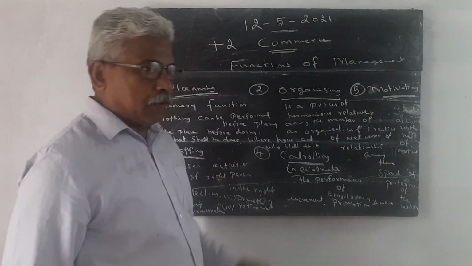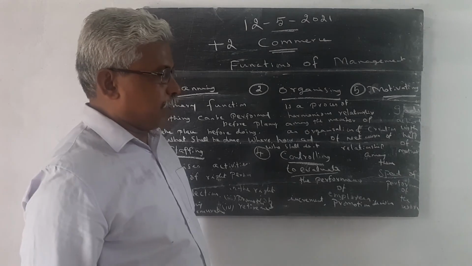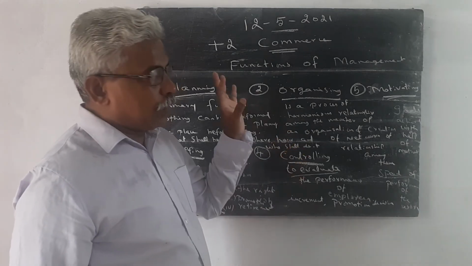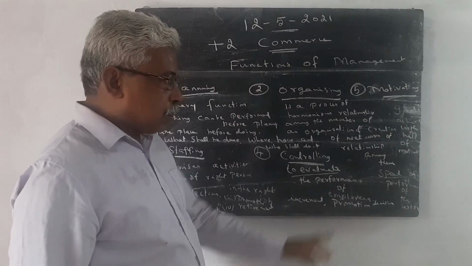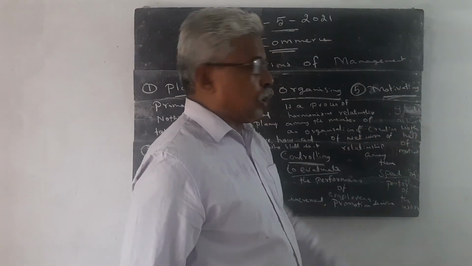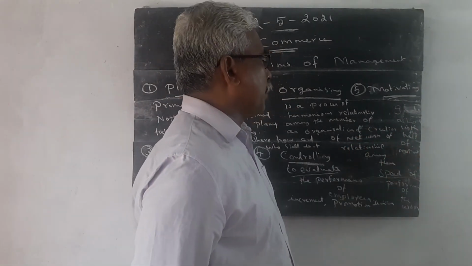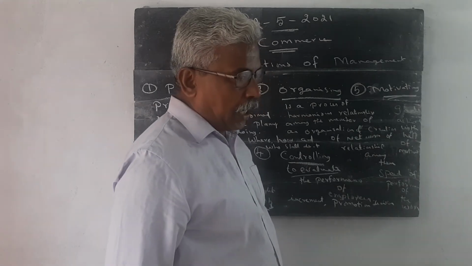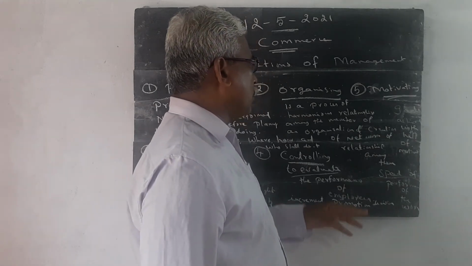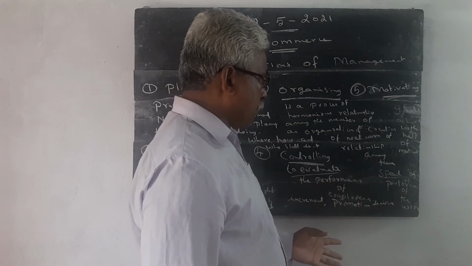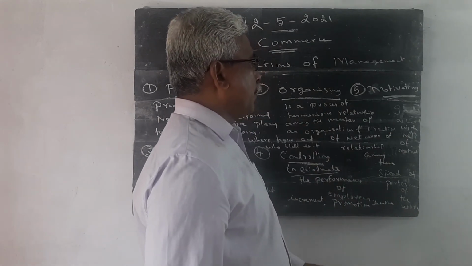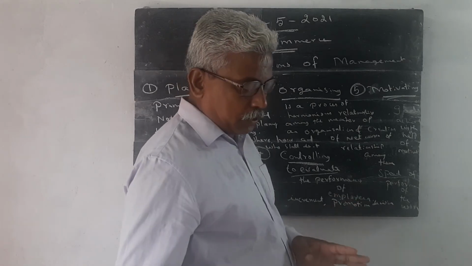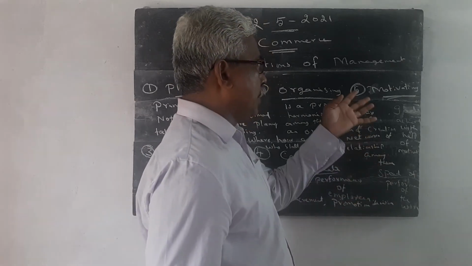Once again, I will explain motivation. Motivation is another important function of management. The goals are to be achieved with the help of motivation. The speed and the performance of the work are developed with the help of motivation. Motivation is very, very important.